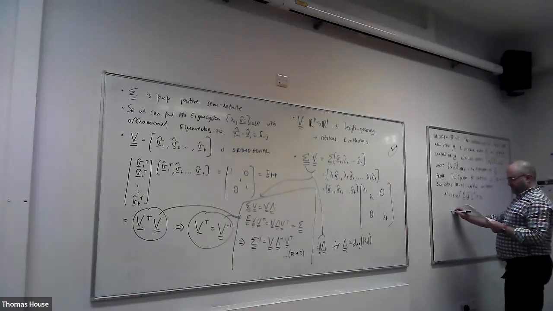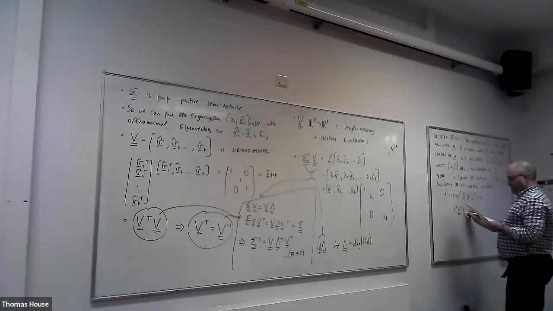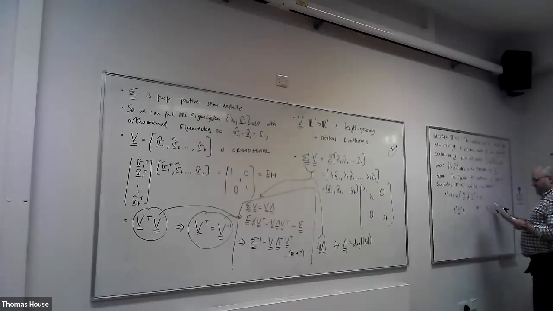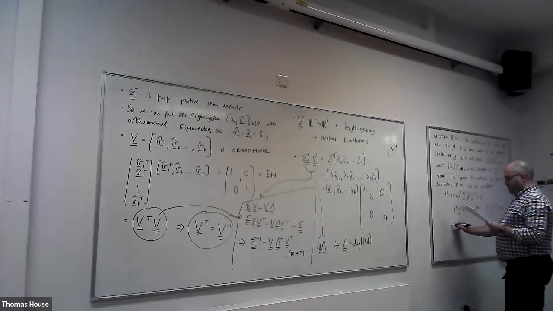Which is Z transpose lambda inverse Z for Z equals B transpose (x minus mu). If you write this out, we know what this is.